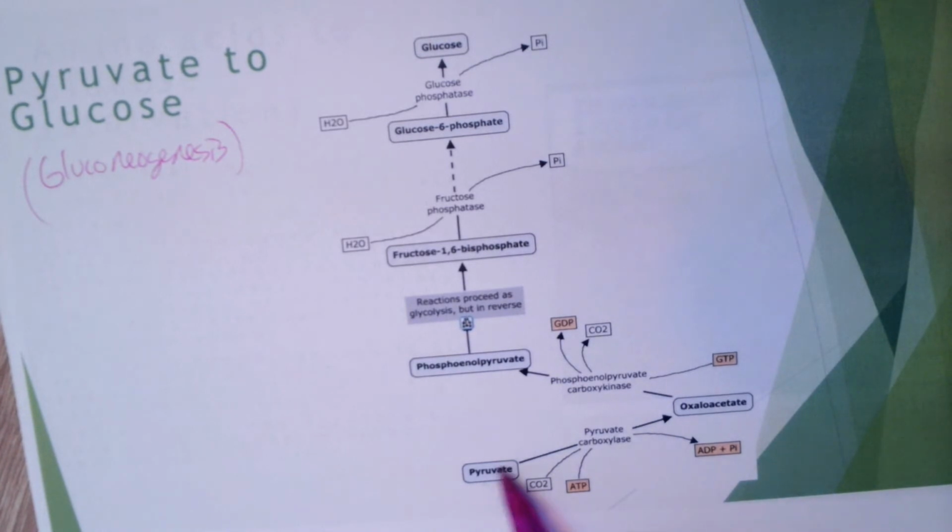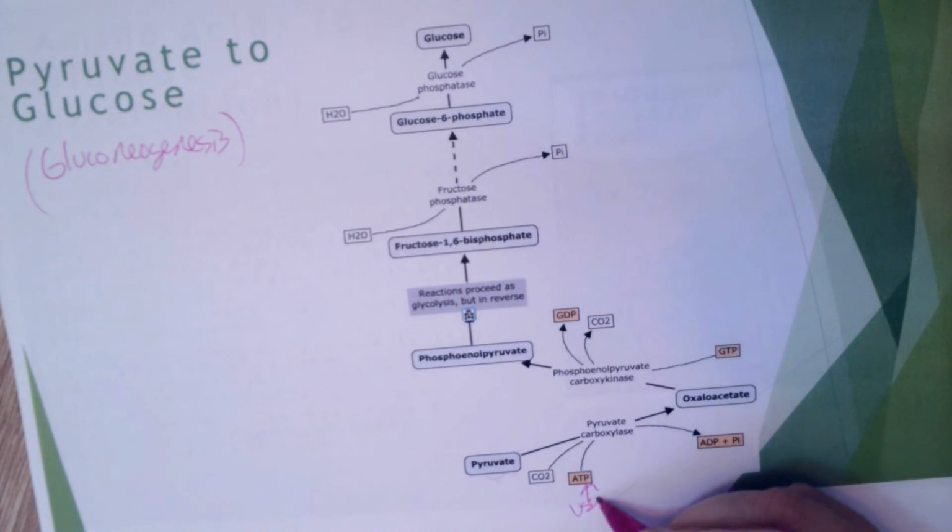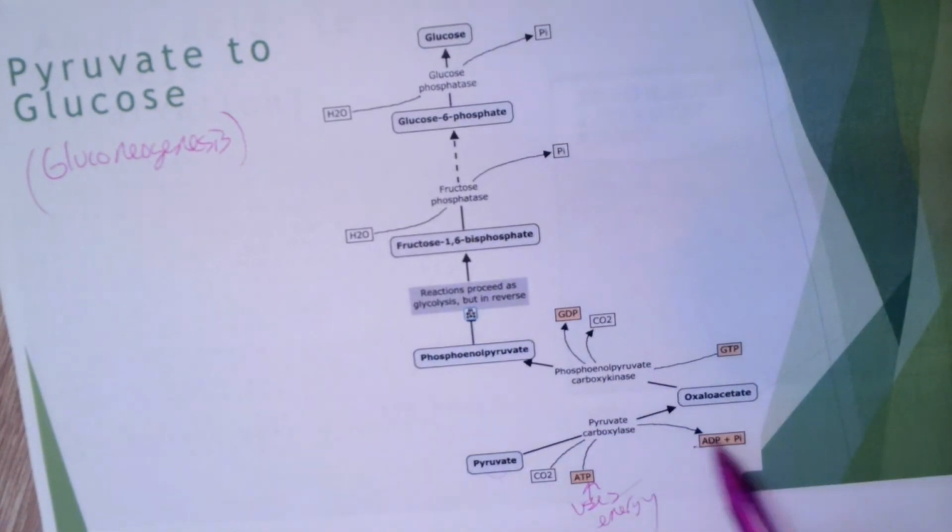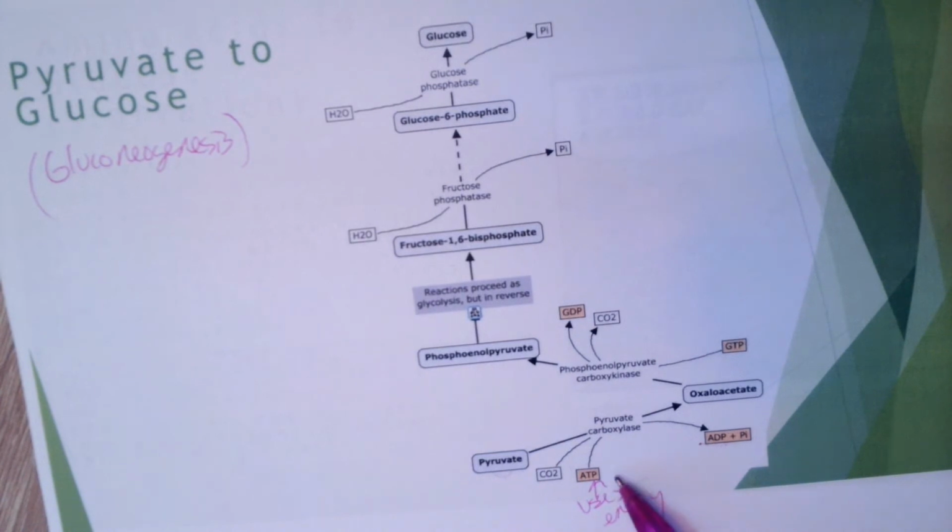You're taking pyruvate, you're using ATP, so that uses energy, and then you end up with ADP, with a phosphate broken off. So we know that ADP is ready when we start running glycolysis again in the forwards kind of way. We know that ADP is there to accept a phosphate in order to create ATP. But here we're using the energy, so we're breaking apart the ATP.